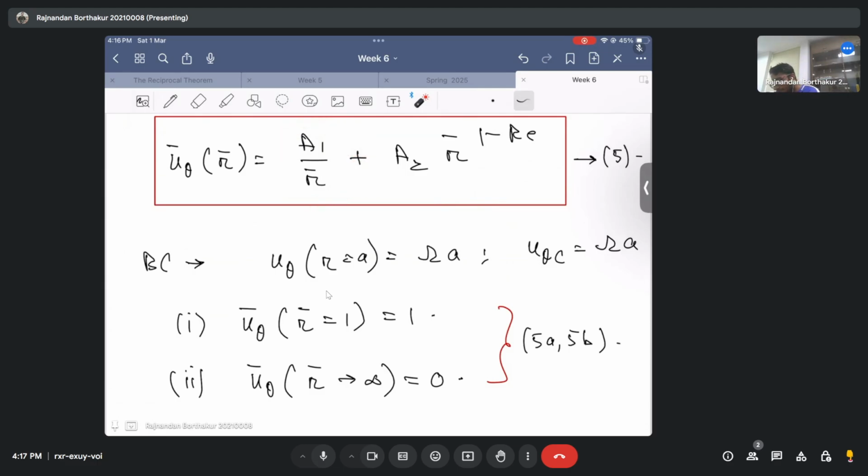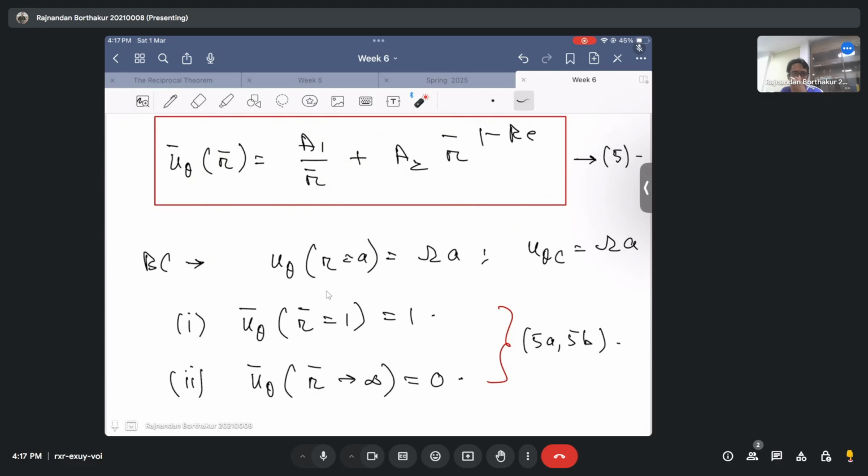But if my Reynolds number is less than 1, then when r bar goes to infinity, this term will essentially shoot up. But I know that when r bar is at infinity, my u theta is basically 0, which means the only way it is possible is that a2 has to be equal to 0.